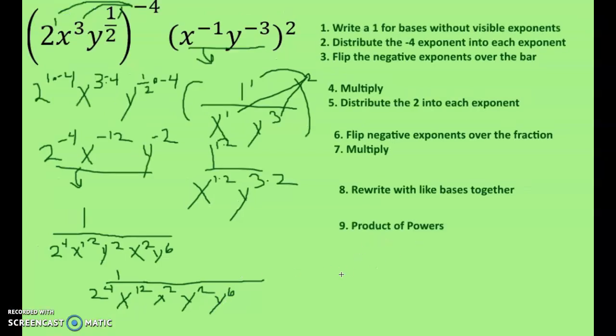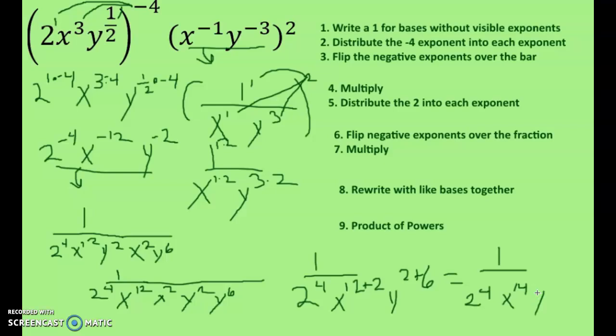Now let's use the product of powers property to combine the like exponents from the like bases. So we have 2 to the 4th times x to the 12 plus 2 power times y to the 2 plus 6 power. Combine the like terms to get 1 over 2 to the 4th power times x to the 14th power times y to the 8th power.